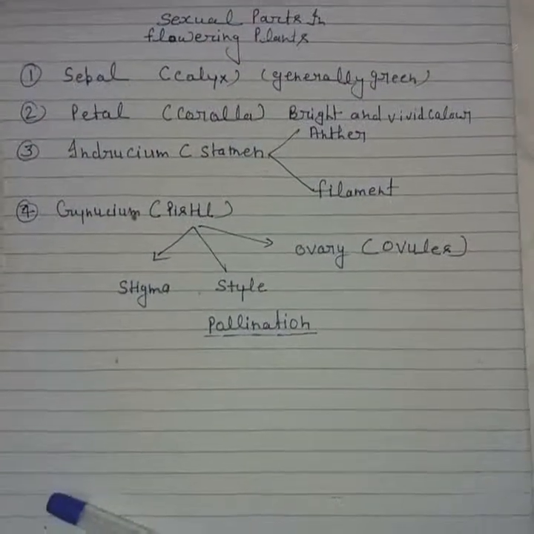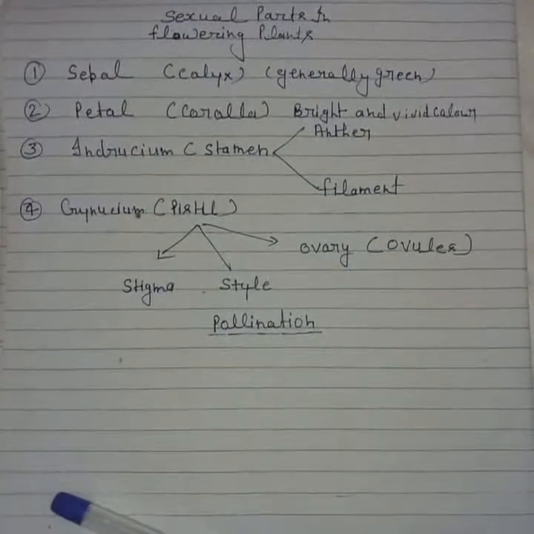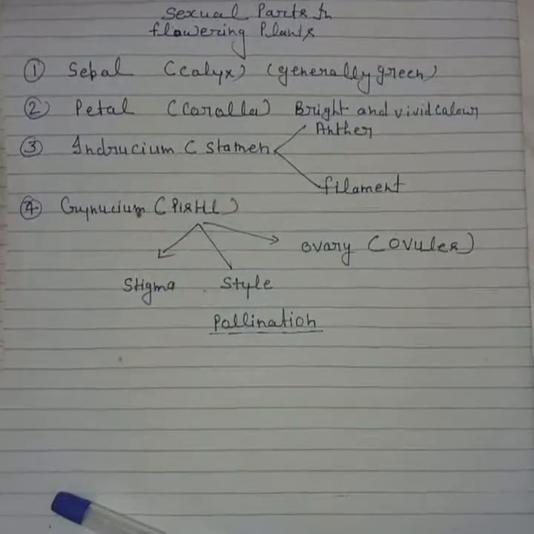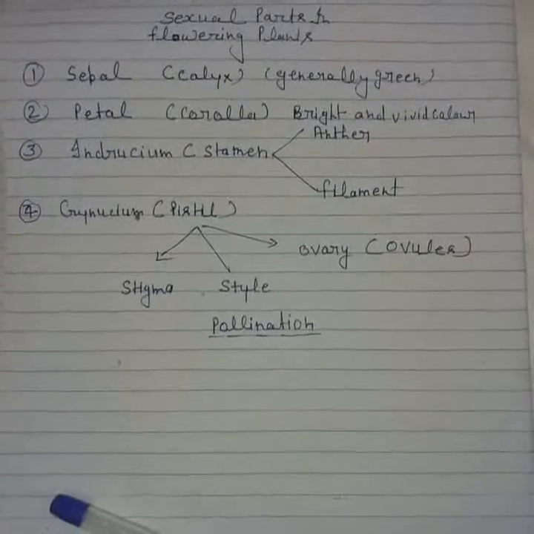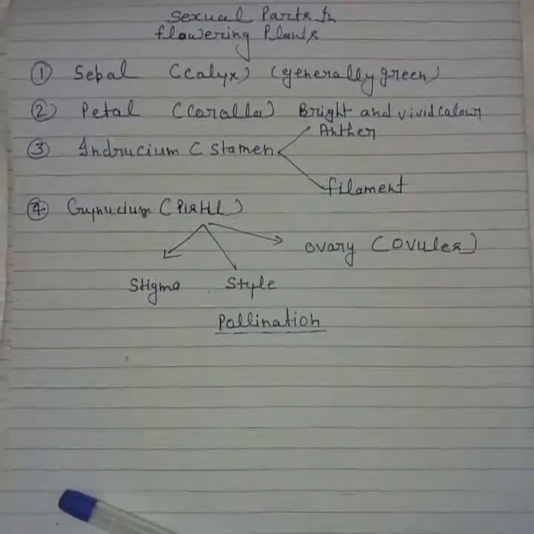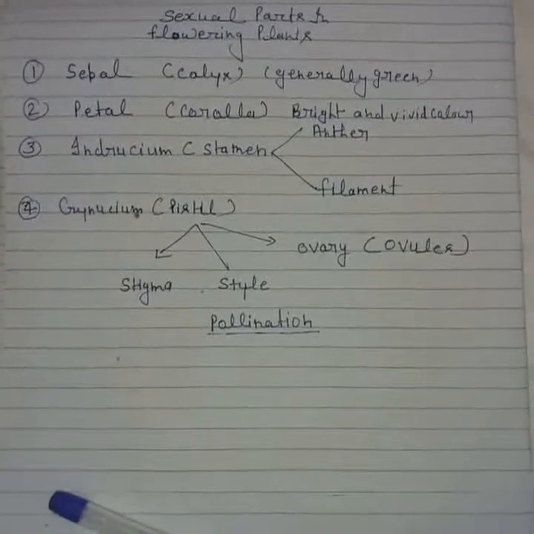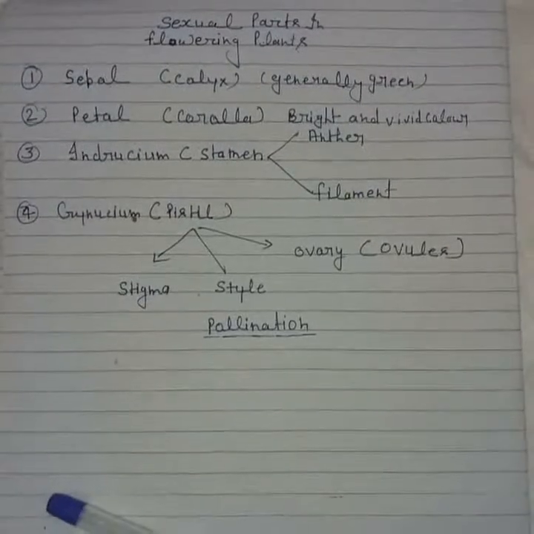The flower is the main reproductive part of plants. Sexual reproduction is possible in a plant's flower.